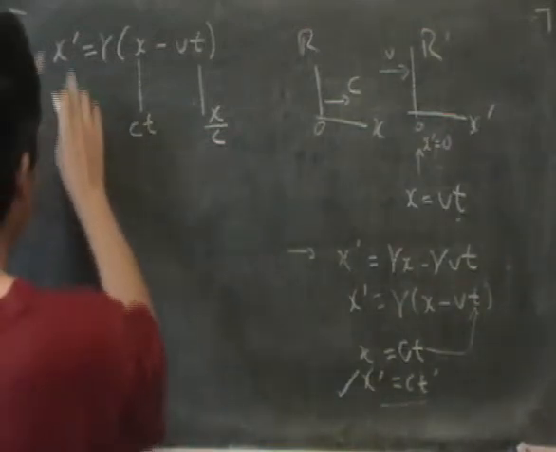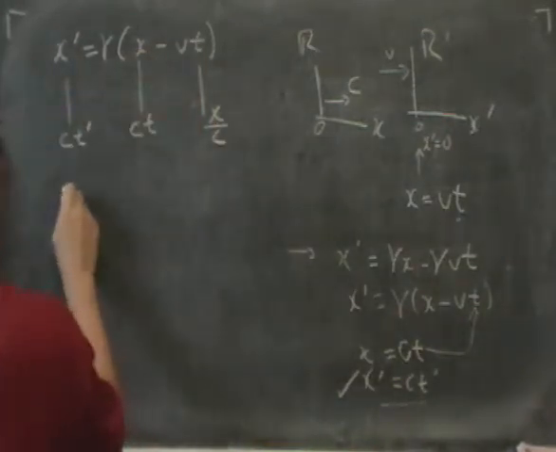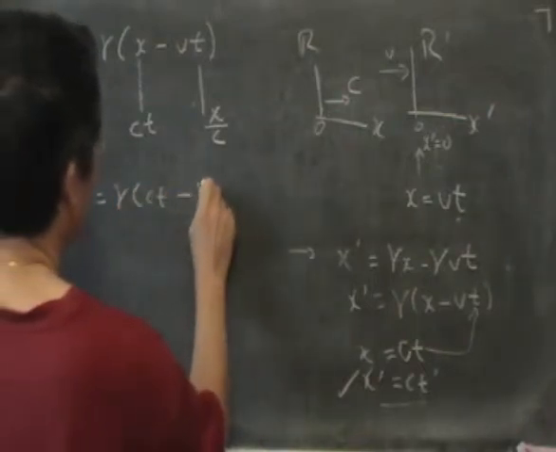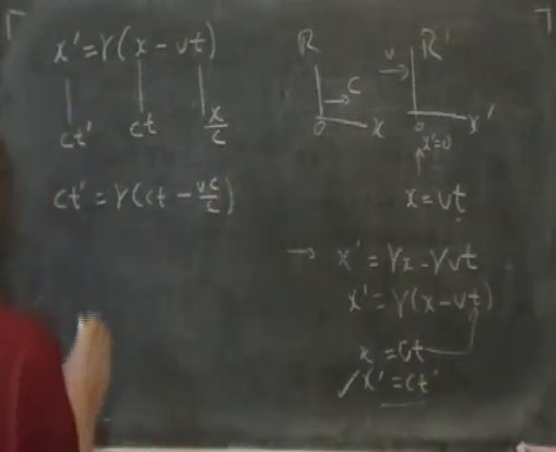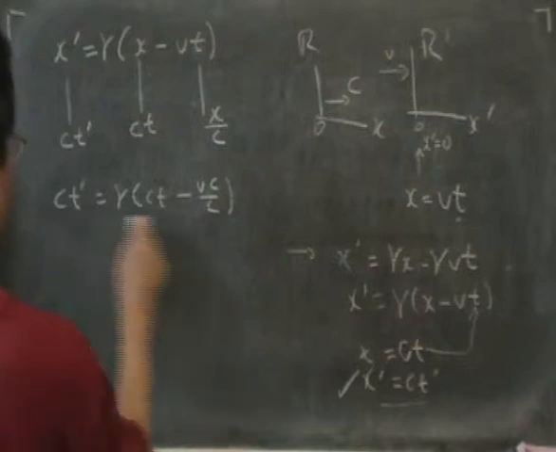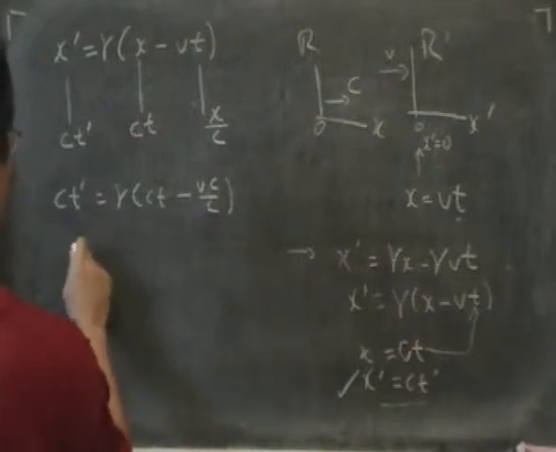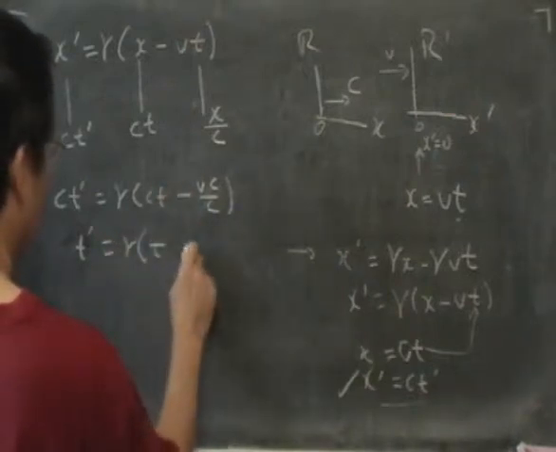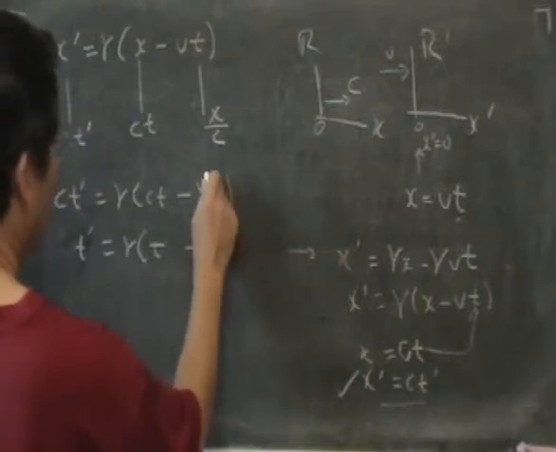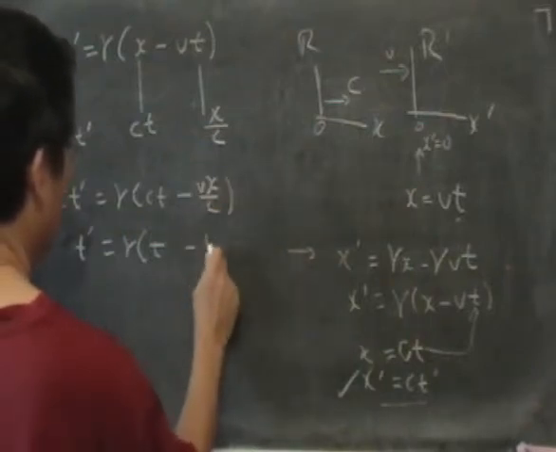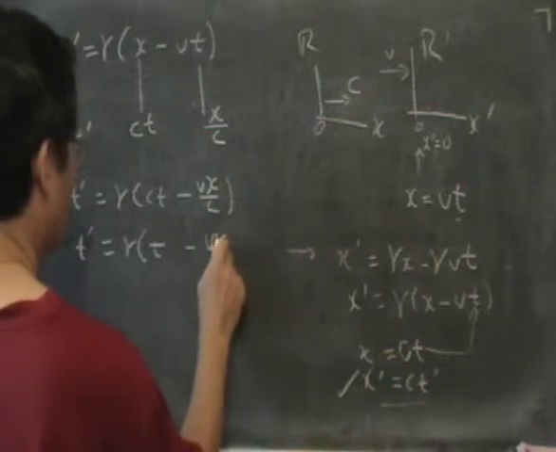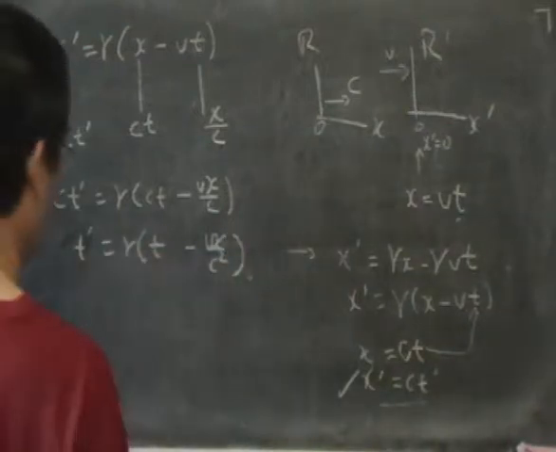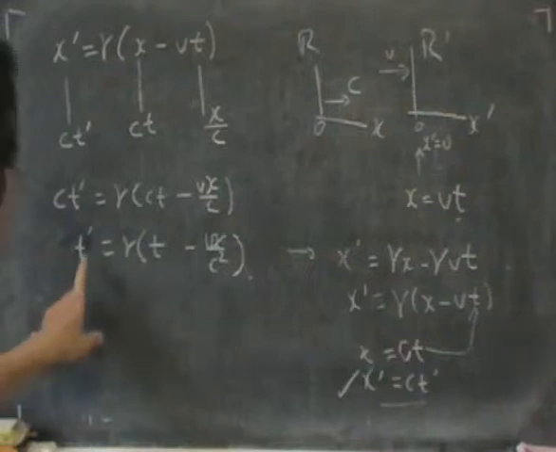So we could now substitute these into there and see what happens. So ct prime is equal to gamma times ct minus vx over c. Now if I divide both sides by c, t prime equals gamma times t minus, that's x, divided by c, so that's vx over c squared. So now I have the equation for t prime.